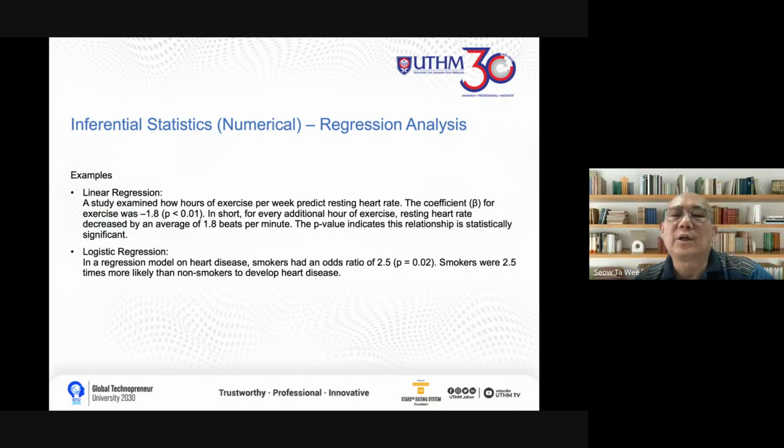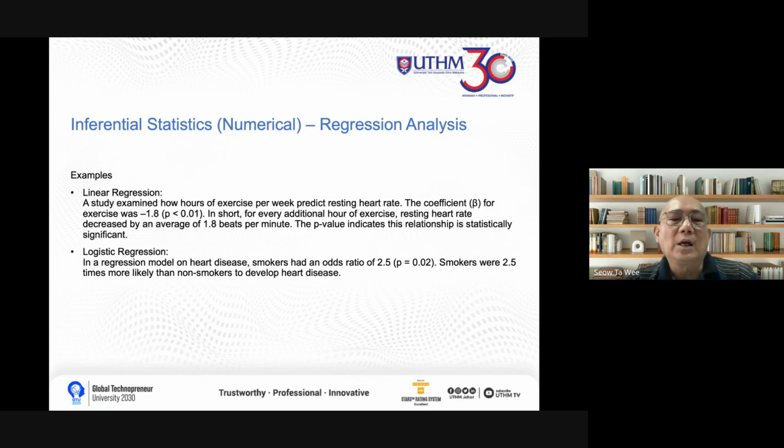In short, for every additional hour of exercise, resting heart rate decreases by an average of 1.8 beats per minute. The p-value indicates there is a statistically significant relationship.